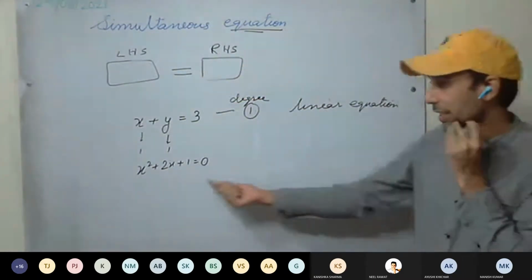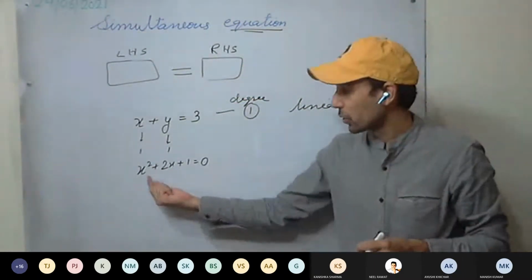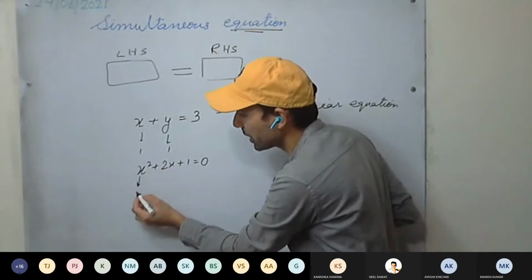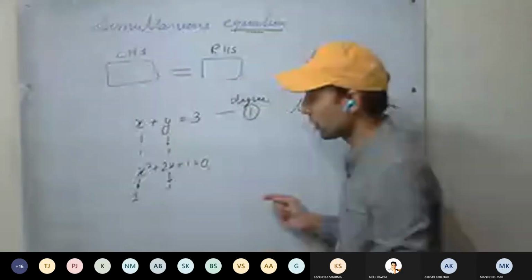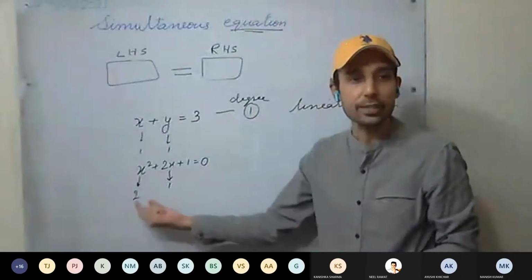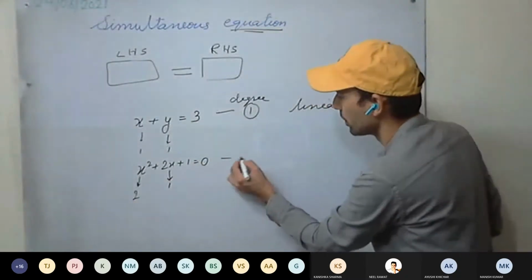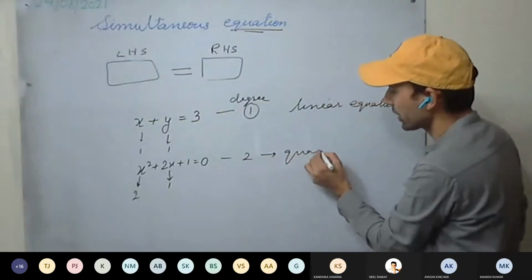Okay. What is the degree of this equation? So check this term, x square term, its degree is 2, and the other term's degree is 1. So the highest power is 2. So the equation's degree is 2, and it is called quadratic.